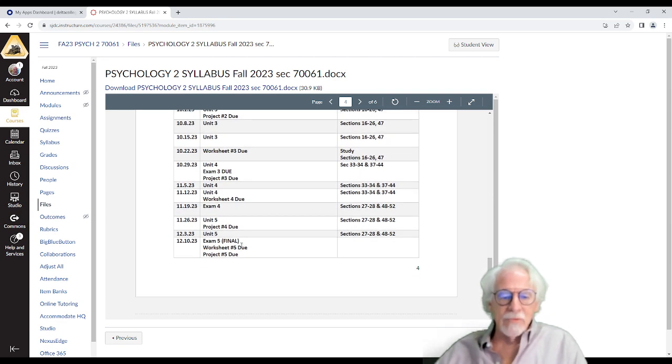And finals week, you're just going to have the exam on unit 5. I don't do a comprehensive final. I don't feel the need for it. The truth is, when you leave this class, you're never going to do this math like this again. This is just so you get an understanding of how the math works.